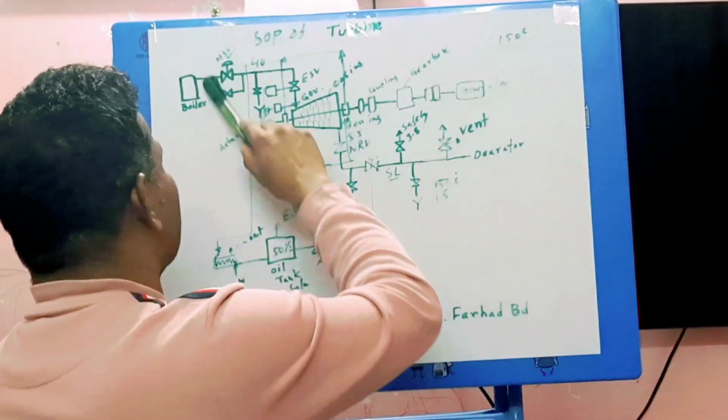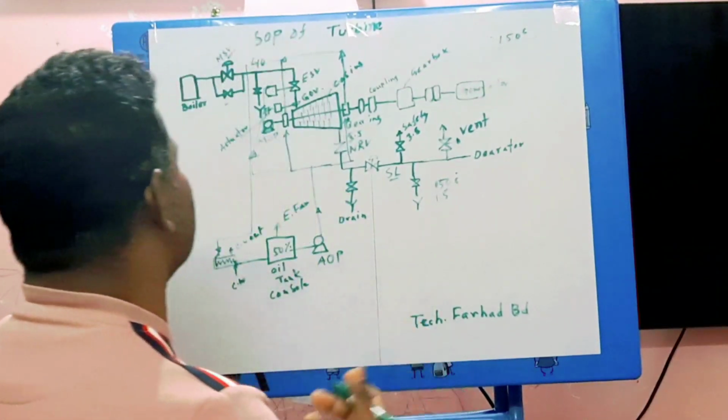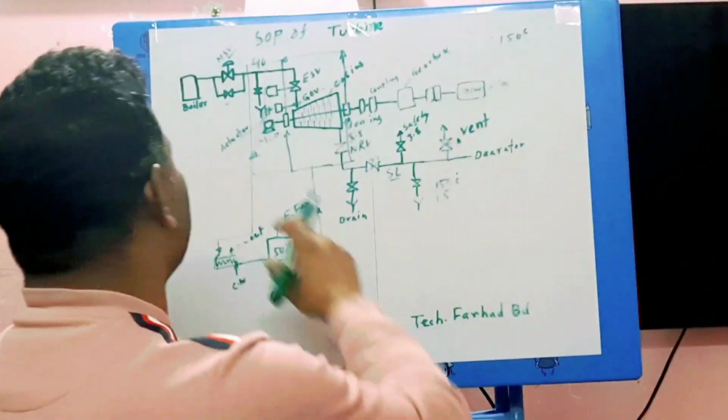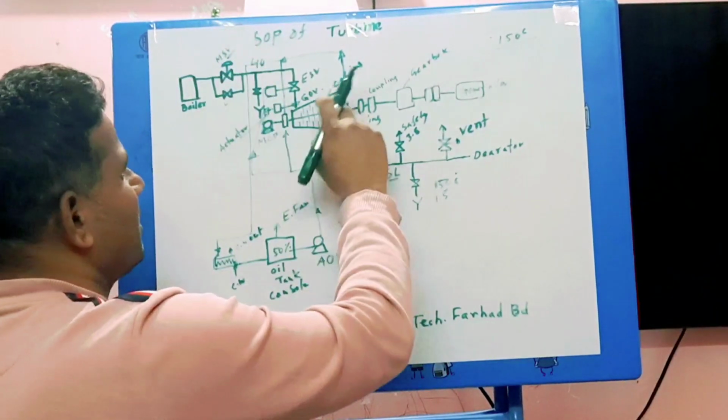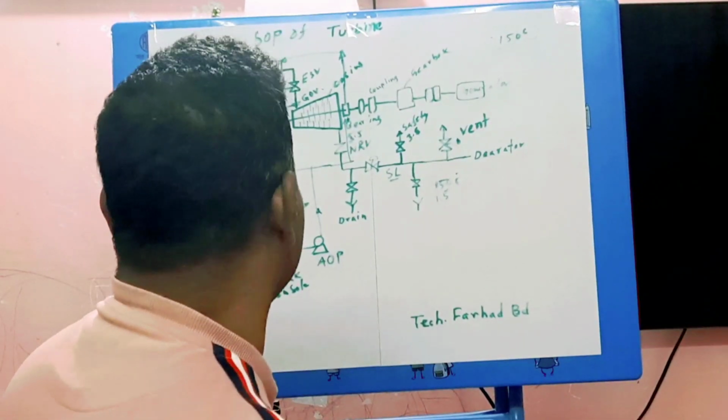If the main steam valve is fully open, the RPM will increase to 2000 to 3000 as per the turbine capacity. In our plant, after opening the main steam valve, the turbine RPM will increase to 2900.